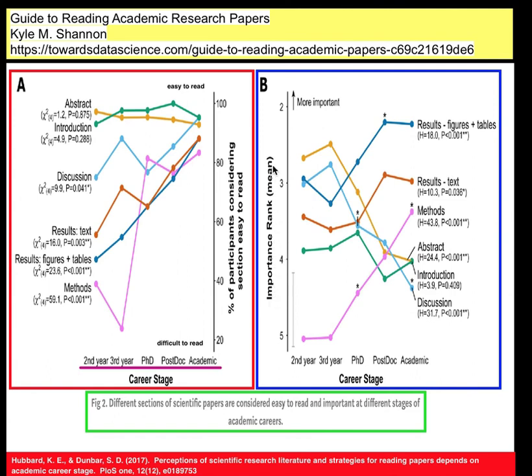So how important are these things? So, and we have here the parts of the article. So results, the results section of an article that has figures and tables and graphs, the results section that just has text, the methods section, the abstract, the introduction, and the discussion.